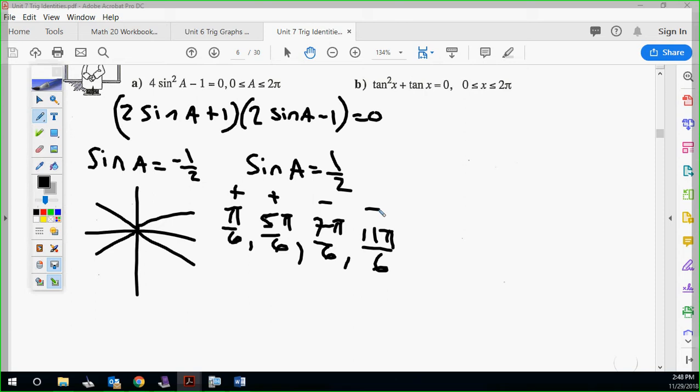Could do that. Okay, this one here, tan squared x, tan x. So simply pull out a tan x. So we have tan x plus 1. Okay, so what do we want the first piece to be? 0, good. Okay, so we want tan x to be 0, and we want tan x to be negative 1.